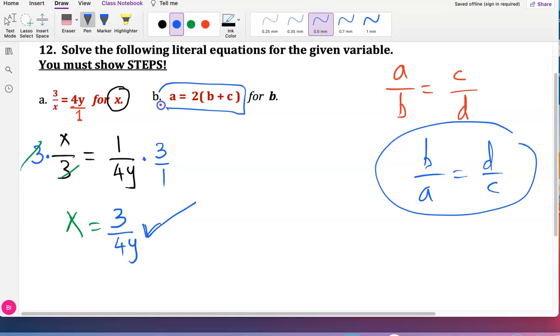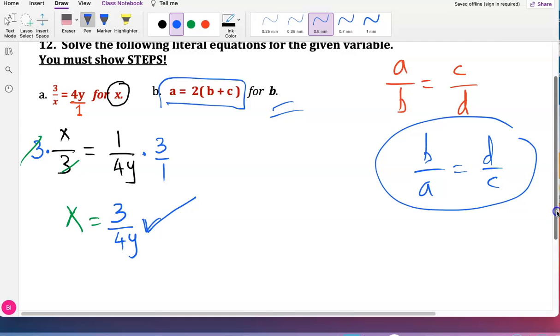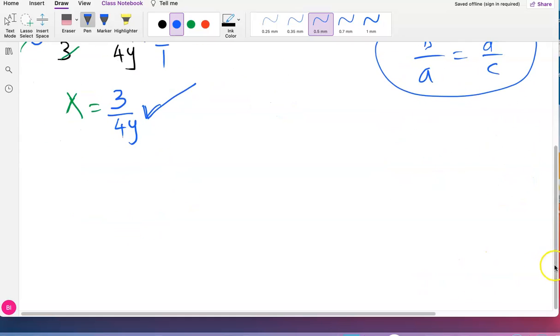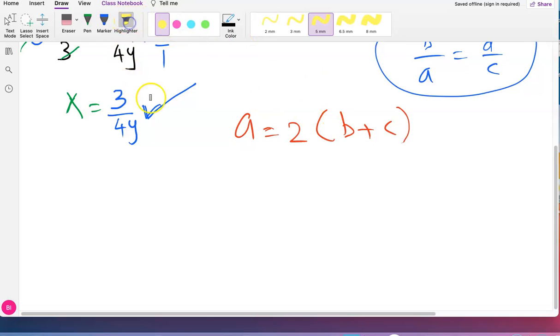A is equal to 2 times b plus c, and I am looking for b. A is equal to 2 times b plus c. It's almost like the perimeter of a rectangle. And you are looking for this b.